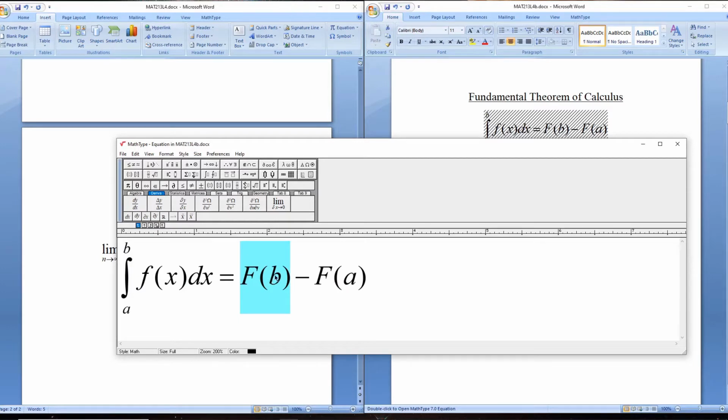You have F of b minus F of a. This is the fundamental theorem of calculus: that this definite integral equals simply subtracting the antiderivatives with b and a plugged in. And we'll do some examples of that.